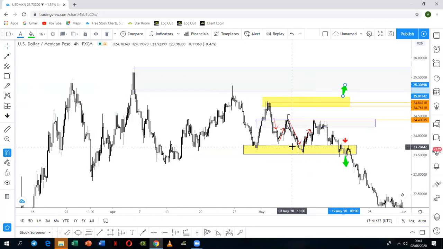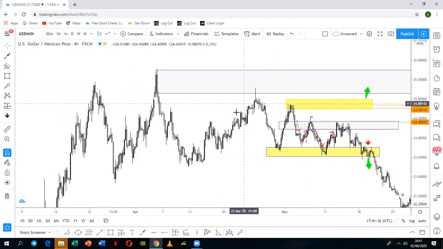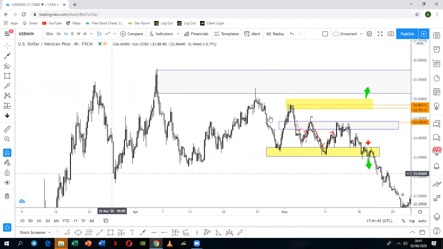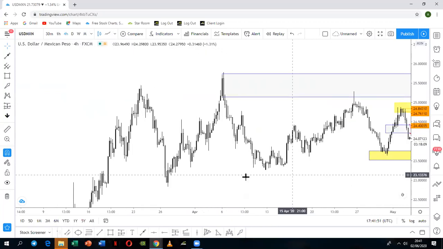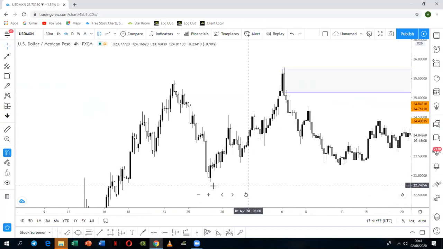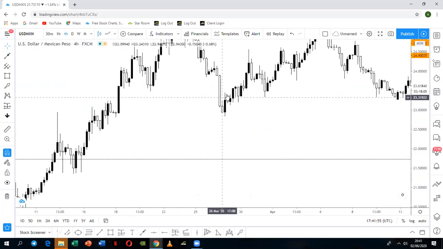So let me zoom out. Now guys, if you keep on doing this kind of thing, you're going to have ranges all over. That means this is what they call dissecting the market. Already I see a buy zone here. Can you see this? I was able to spot this from very far.